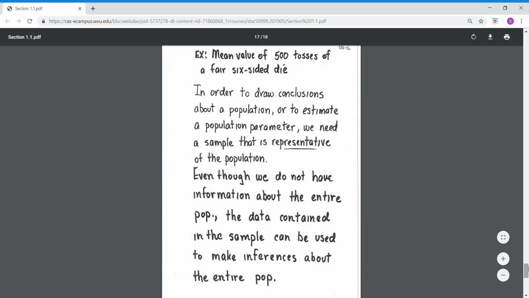Basically, it would be impractical for us, or sometimes completely impossible, to sample, survey, or record all the values associated with the population. It is much easier, less expensive, and practical to just take a sample and make conclusions based from that.